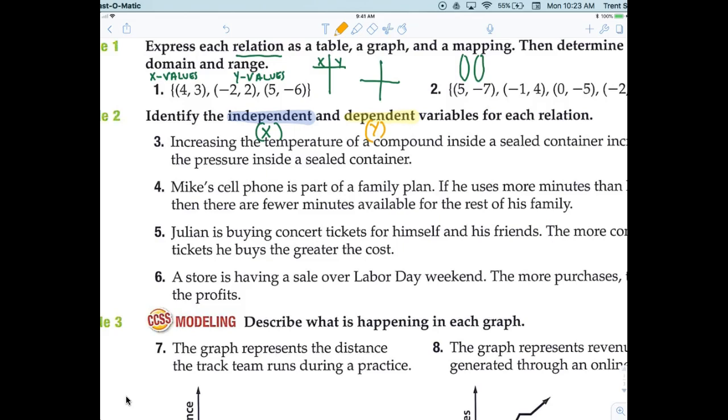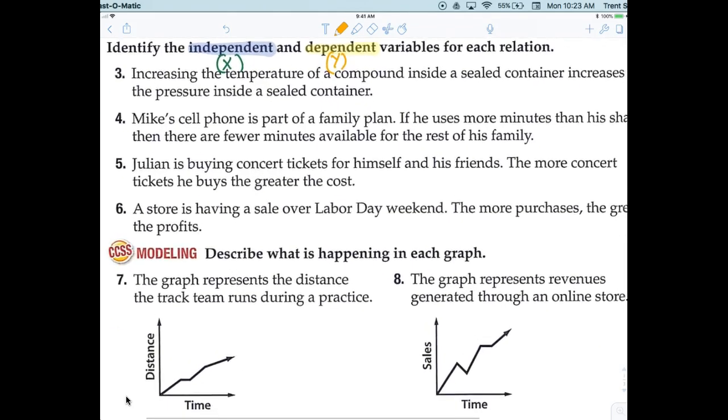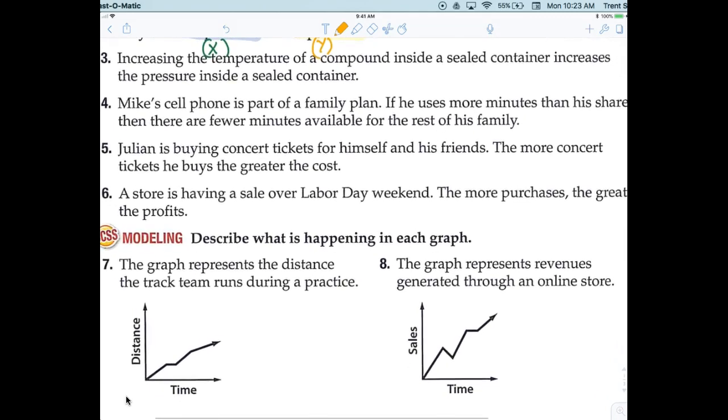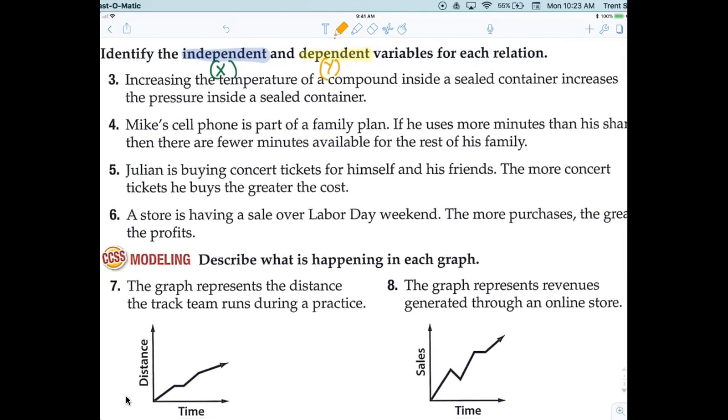Now, if we read question number 3 together, it says, increasing the temperature of a compound inside a sealed container increases the pressure inside the sealed container. So your job is to try to tell me what's the independent and what's the dependent. Well, first thing, let's talk about what 2 things we are talking about here. We're talking about Miles. What 2 things? We're talking about the temperature and the pressure.